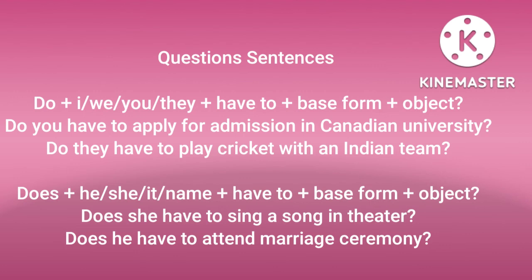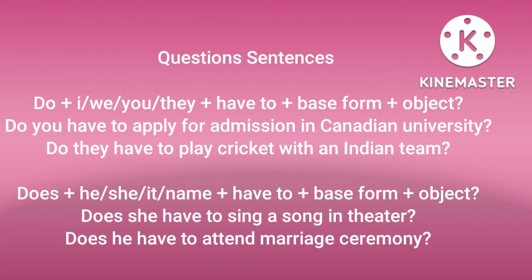It is the same in question sentences as it was in the negative. In the negative, when there was do not or does not, we must use have to. The same is here: when there is do or does at the beginning of the sentence, we must use have to in both cases, whatever the pronoun is, whether I, we, you, they, or he, she, it, name.